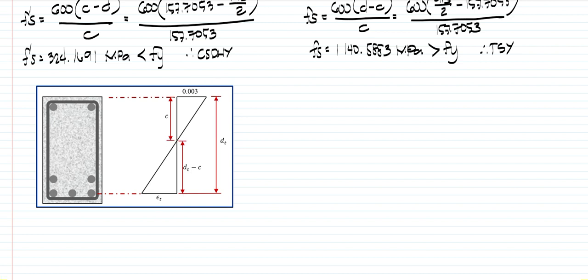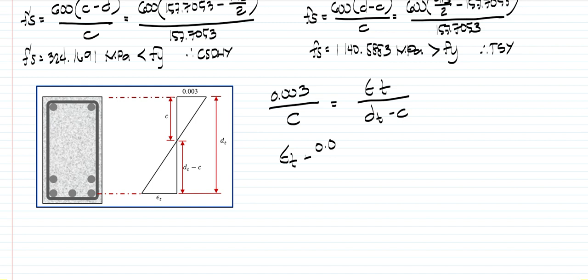So, that will be 0.003 divided by the value C is equal to epsilon T, that is dt minus C. So, that will be epsilon sub T is equal to 0.003 dt minus C over C.